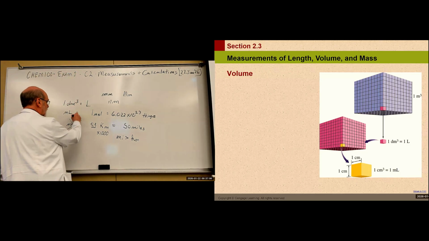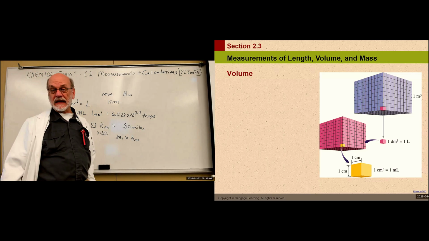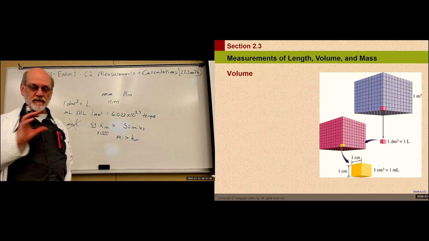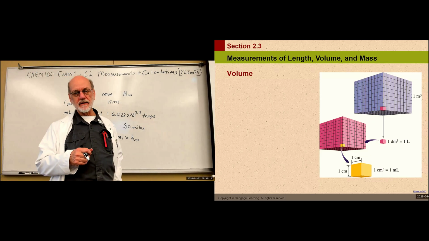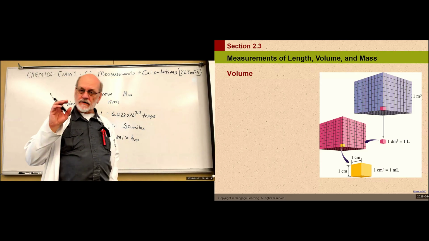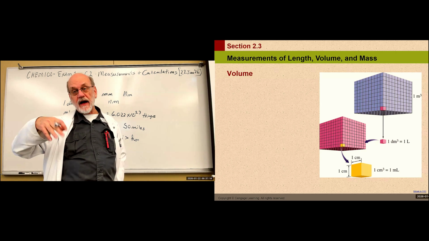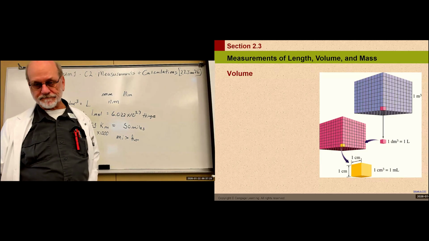And if you write it like this, guess what? You got a megaliter, 1,000,000 liters in that unit. So be careful with the cases of your letters. Okay, so we've identified a liter in relationship, volume of liter in relationship to length, our fundamental unit.